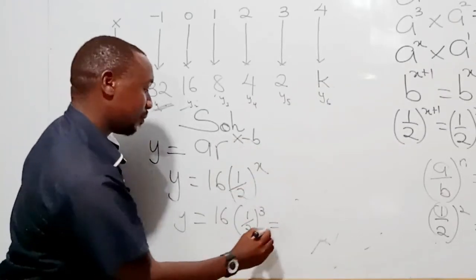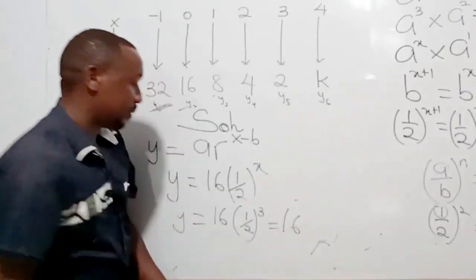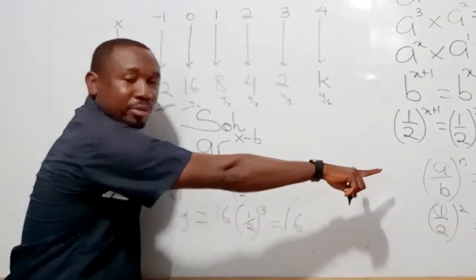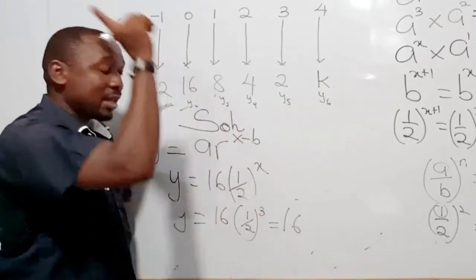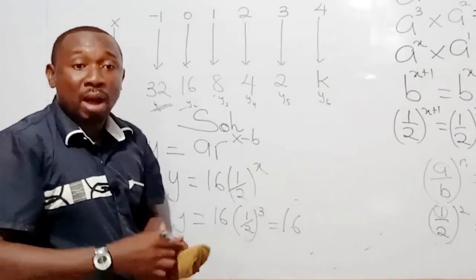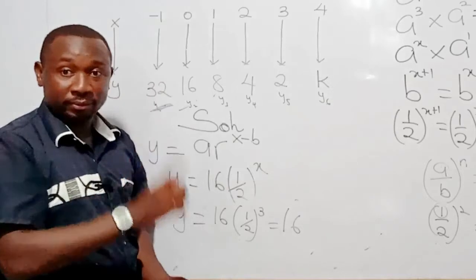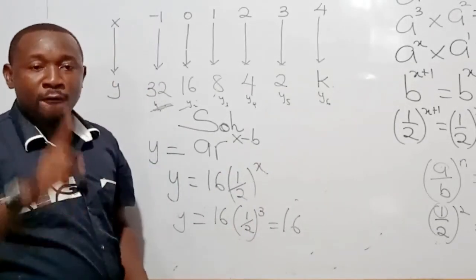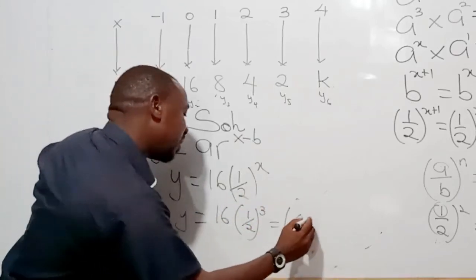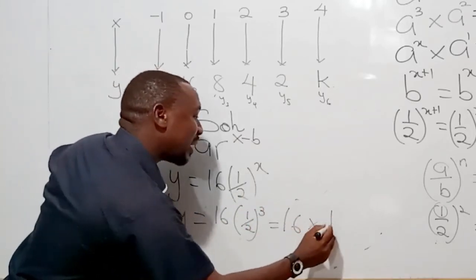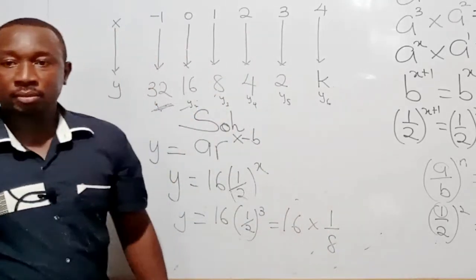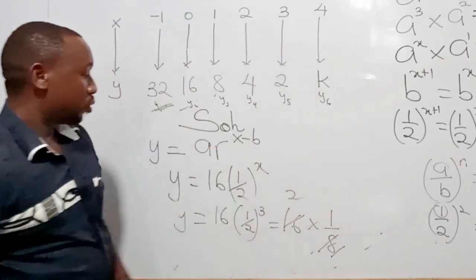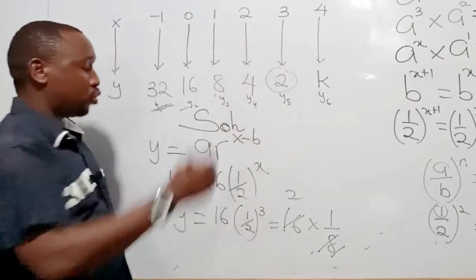So we have 16 and then 1 to the power 3, like we stated here before. 1 to the power 3 is 1. When you multiply 1 by itself 3 times, it's still 1. And then 2 to the power 3. 2 times 2, 4. 4 times 2, 8. So this one will give me 16 times 1 out of 8. 8 goes into itself 1, into 16, 2. So that is why we are getting this answer here, 2.